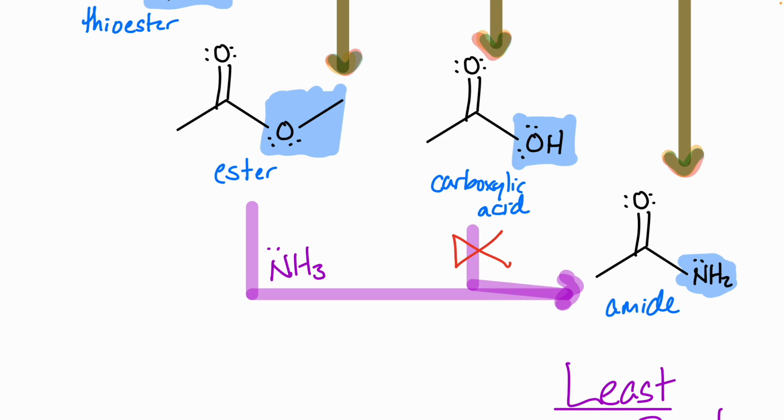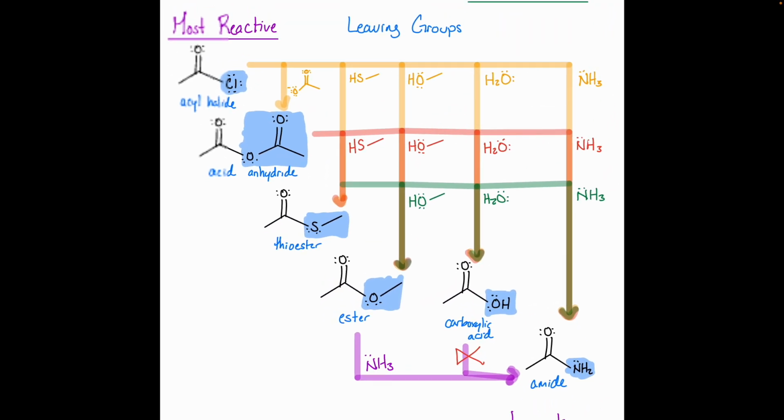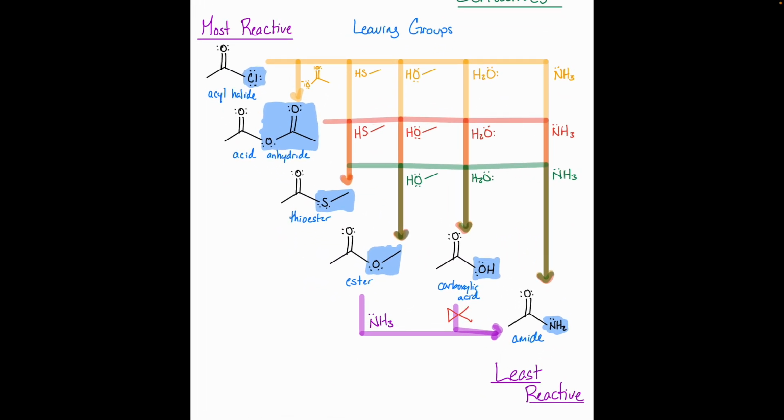All right, now, we did say that we had one way of going in the reverse direction here, right? Converting a less reactive to a more reactive carboxylic acid derivative. And the way that we're going to do that is by using something kind of fancy, basically.